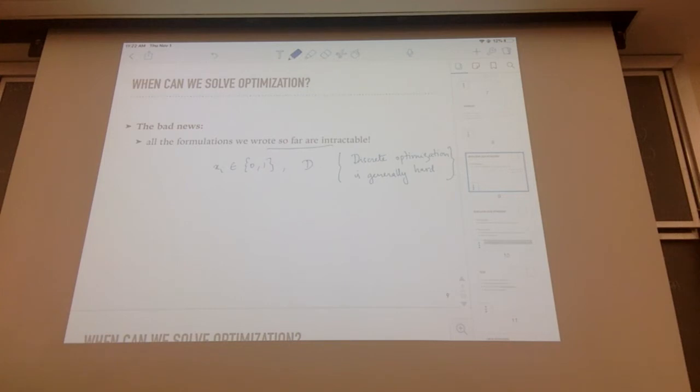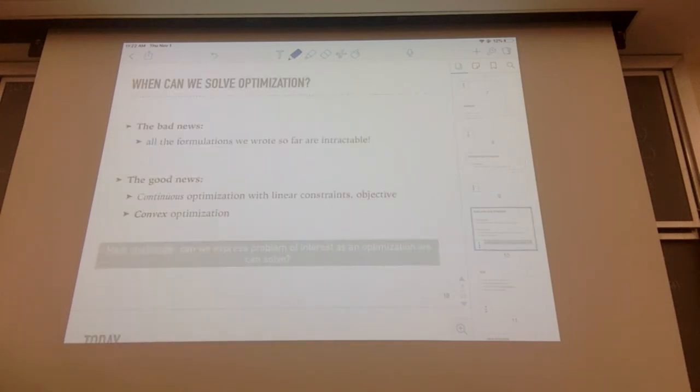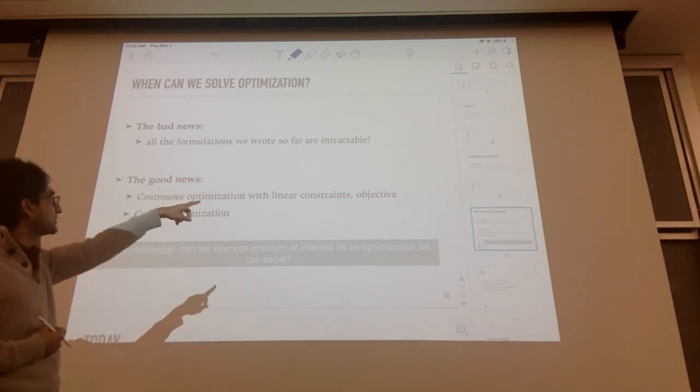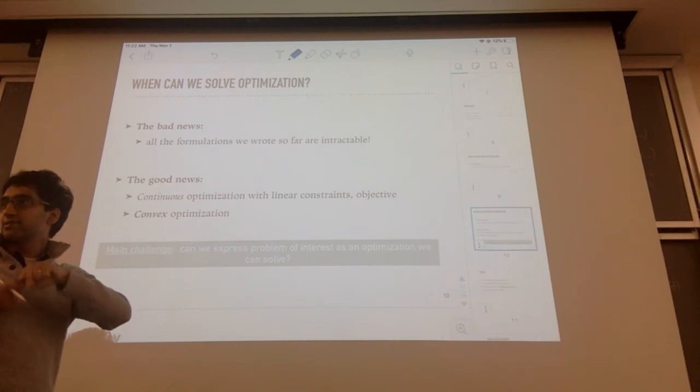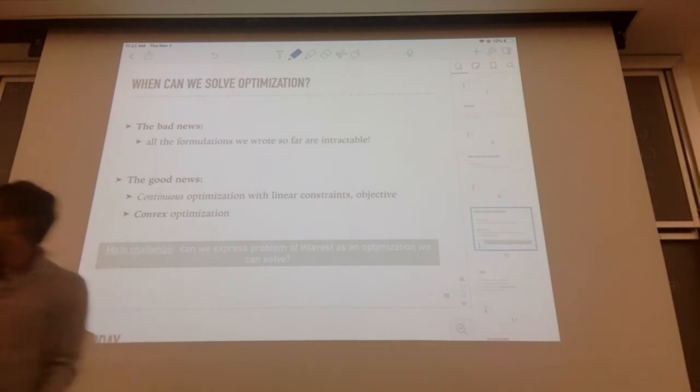Alright, so this is some bad news, but there's also some good news. Under some fairly reasonable assumptions, continuous optimization turns out to have efficient algorithms for a class of problems. One very interesting class that we'll see is when you have linear constraints and a linear objective. These are called linear programs.